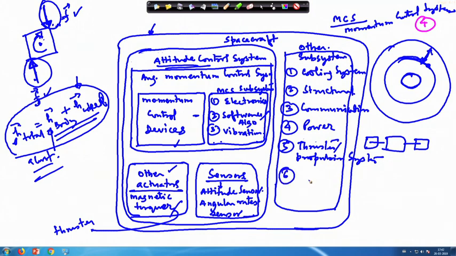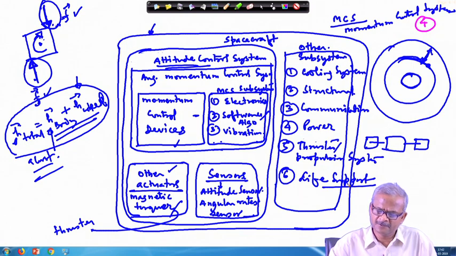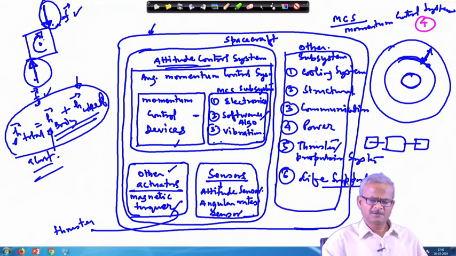And if man is going in the satellite, that vehicle, then the life support system should also be there. So, it is very complicated. If you look at National Geographic or any of the Discovery channels, you find how complicated the structure inside the satellite is. Okay.